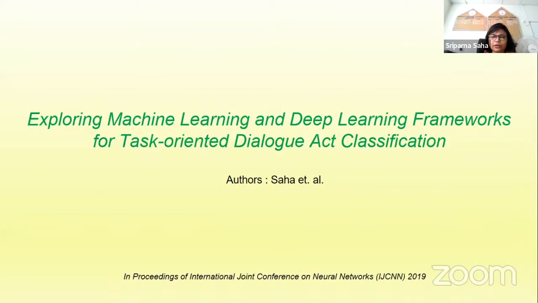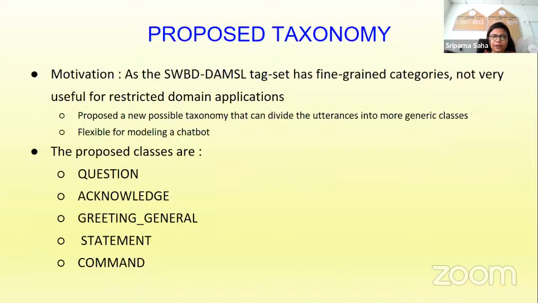Let me discuss a particular work where we have developed a dialogue act classifier. First of all, we need to understand the categories. As I mentioned, dialogue act classification means we have to classify the utterance into a particular class. In the original Switchboard corpus, there are a total of 42 categories.